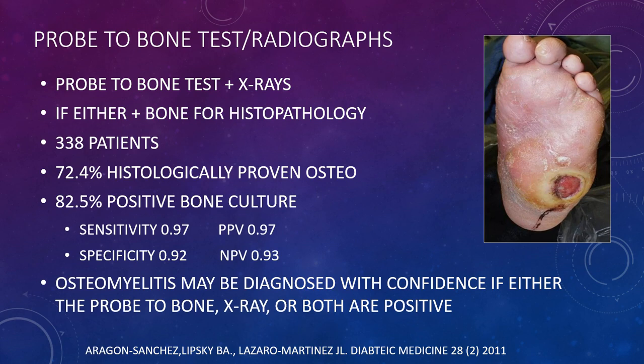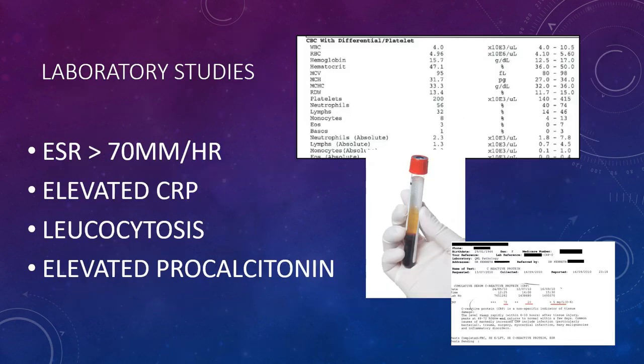And it was the opinion of the authors, therefore, that osteomyelitis could, quote, be diagnosed with confidence, unquote, if either the patient had a positive probe to bone test or x-rays consistent with osteomyelitis, or both the positive probe to bone test and x-ray positivities were present.